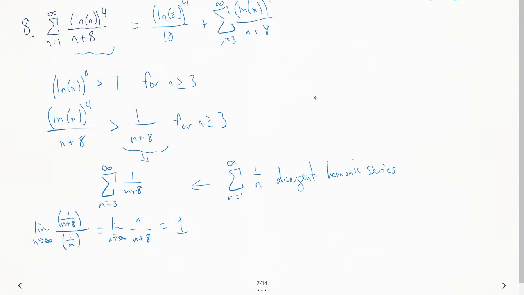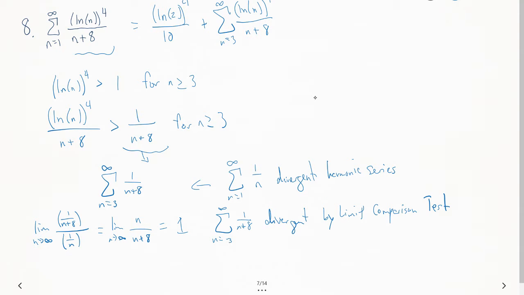So what that tells us is that the summation n equals 3 to infinity of 1 over n plus 8 is divergent by the limit comparison test. Right?